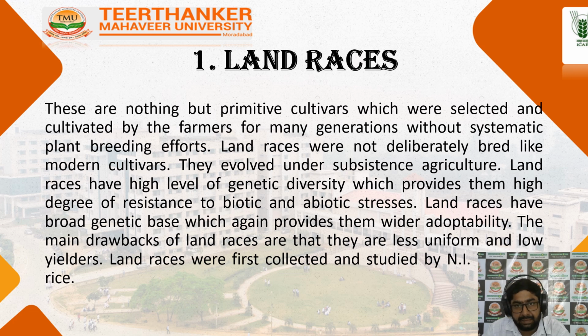Number one, landraces. Landraces were first collected by the study of NIW in rice. These are primitive cultivars which were selected and cultivated by farmers for many generations without systematic plant breeding efforts. Landraces were not deliberately bred like modern cultivars. They evolved under subsistence agriculture.